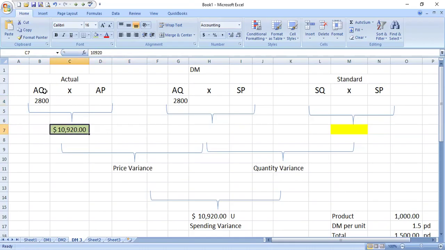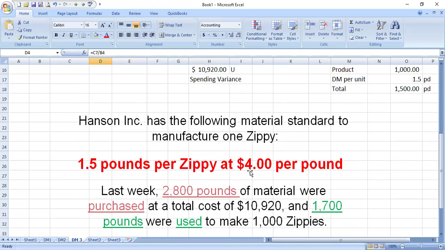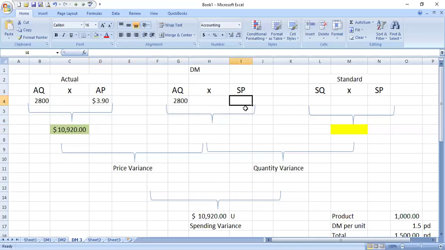Once we have the total cost and we have the quantity, I can easily calculate the actual price. So I'm still paying $3.90. Now, based on my standards, how much am I supposed to pay per pound? $4. My standard price here will be $4.